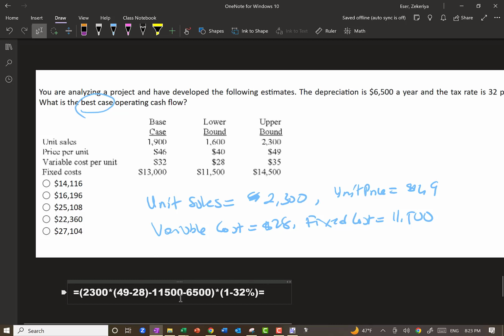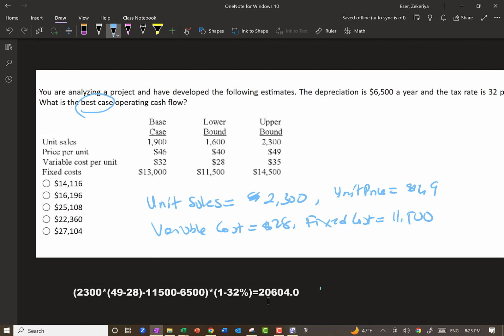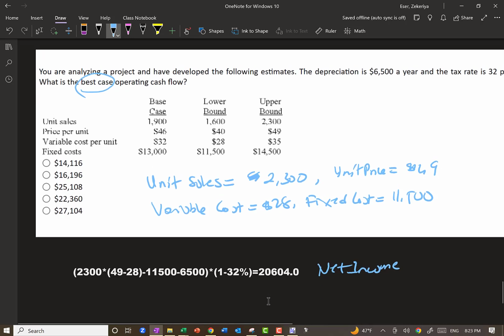There's no equal sign in the beginning. That's net income.